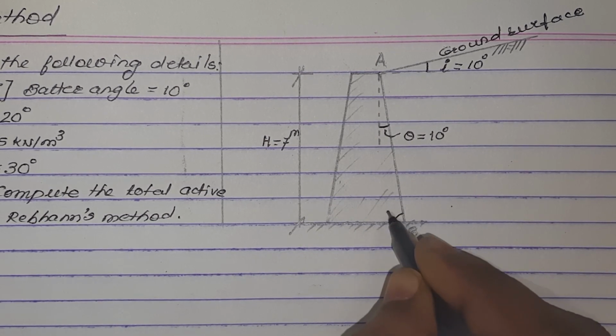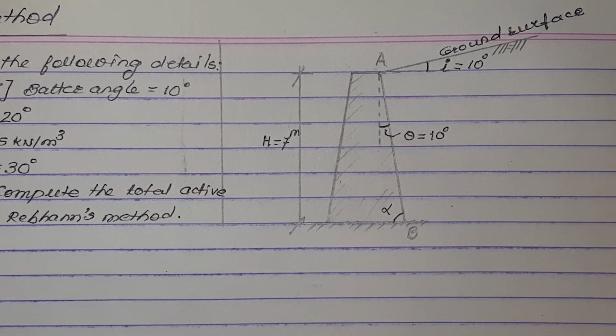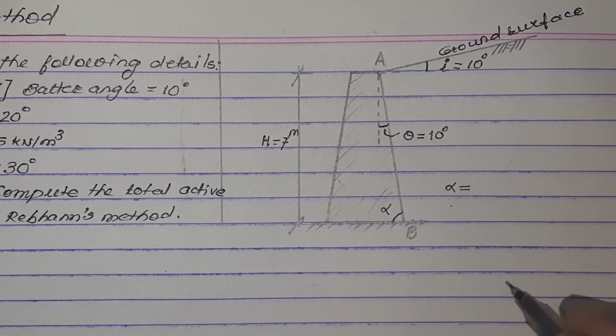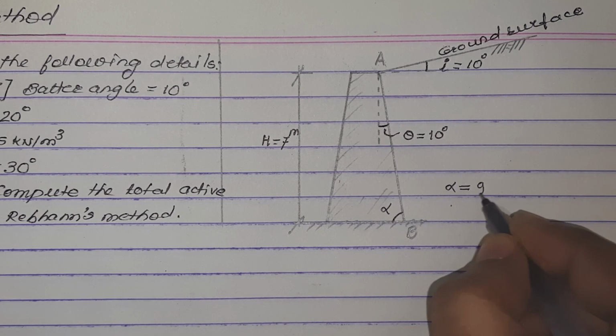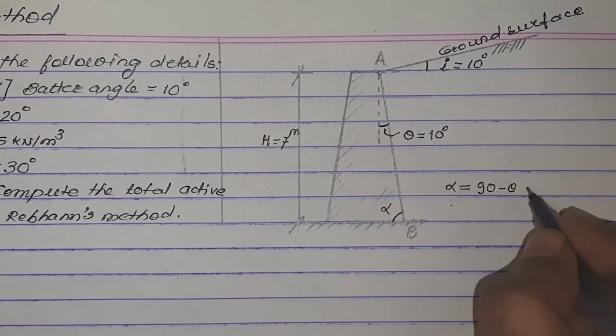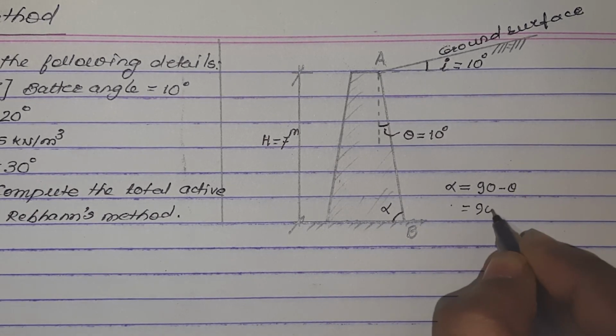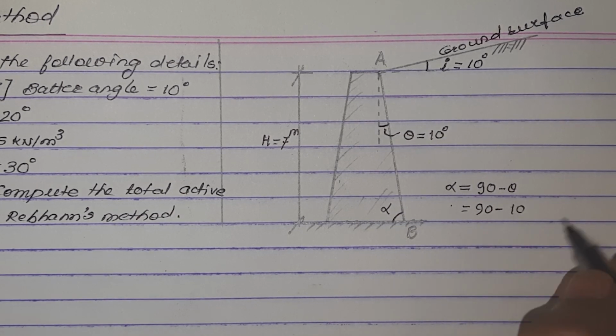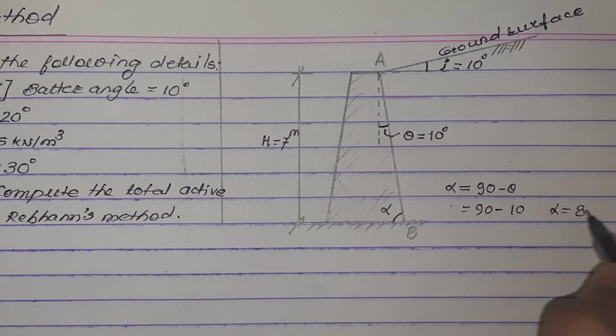This angle is called as alpha. So here alpha is equal to 90 minus theta, which is equal to 90 minus 10 degrees. Hence, alpha is equal to 80 degrees.